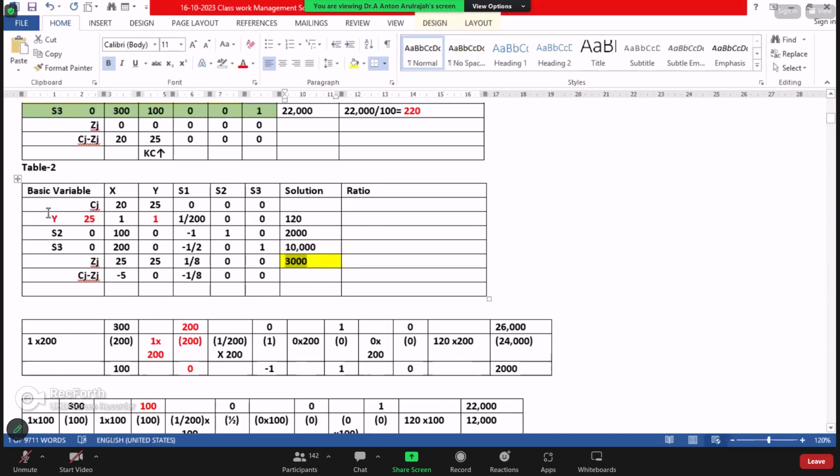what is the maximum quantity? When you say maximum quantity, what are we producing to maximize the profit?